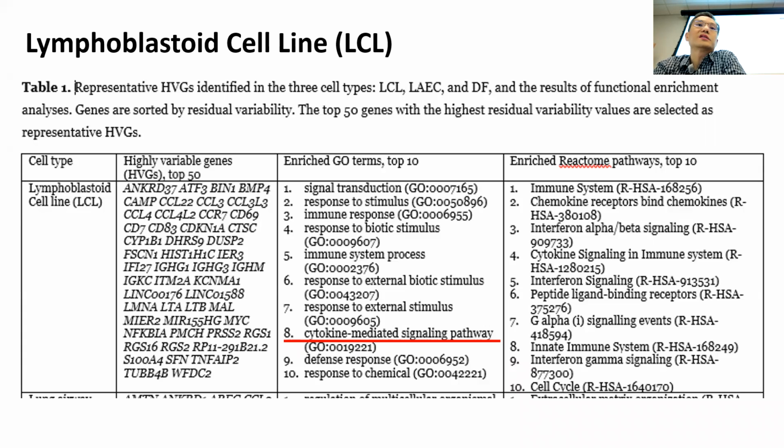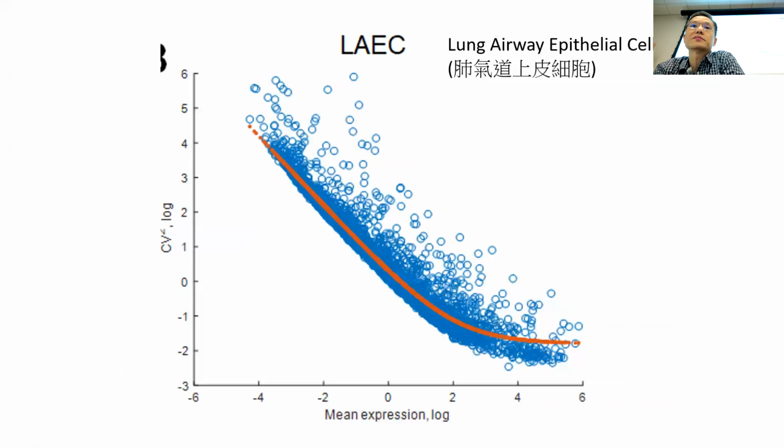And those genes, if you search in ontology or enriched pathways, are related to the immune system response, cytokine-mediated signaling pathway. Those genes are highly variably expressed in lymphoblastoid cell lines. And this cell line itself is derived from the B cell, so it makes sense. They're functionally related to the immune system.